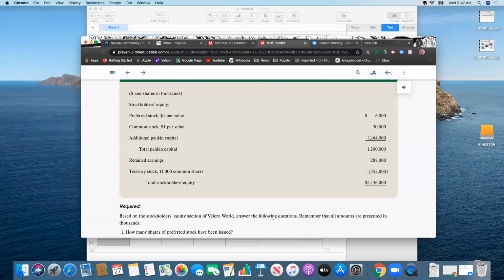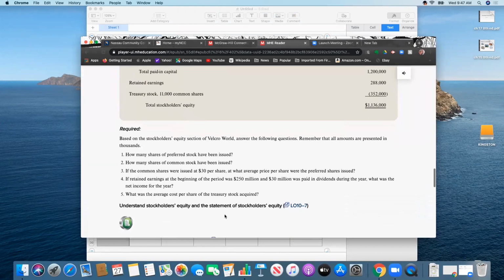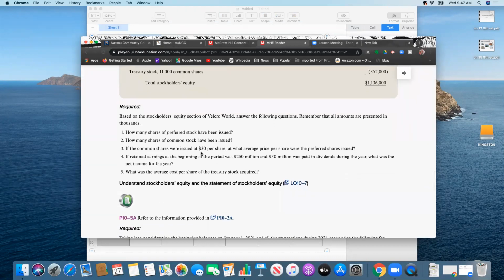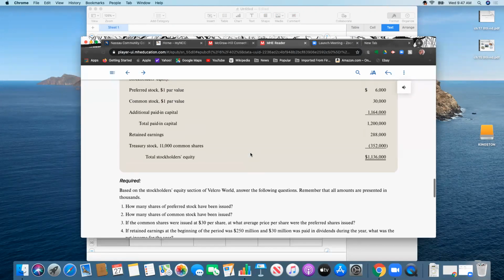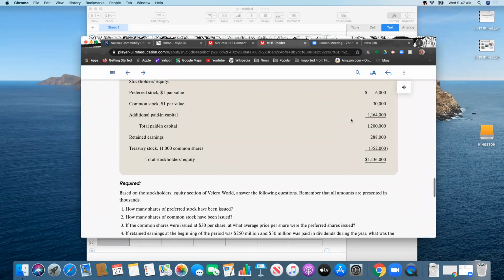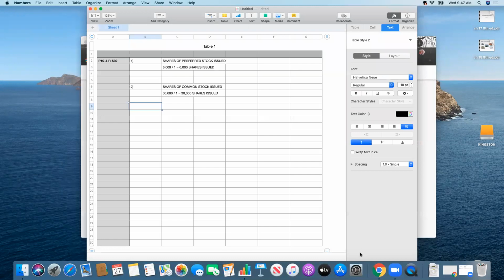Let's take a look at the next one. If the common shares were issued at 30, at what average price were the preferred shares issued? Now, to know that, we have to dissect this additional paid-in capital account. So let's first see if we can answer the question.